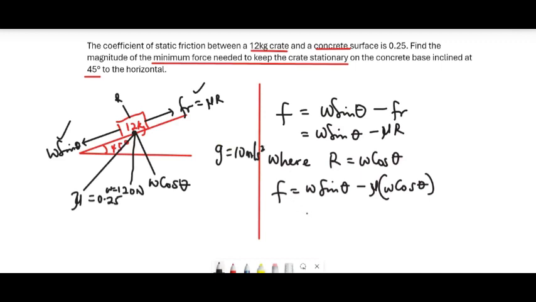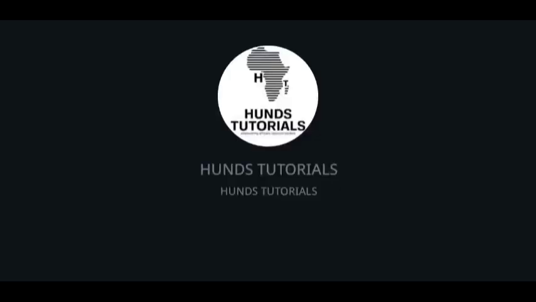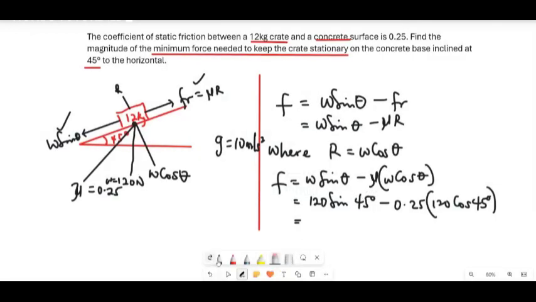So what am I going to have? I'm going to have F equal to 120 sine 45 degrees minus my mu, 0.25, into bracket of 120 cos 45 degrees, right? That would give me 84.85 minus 0.25 into bracket of 84.85.